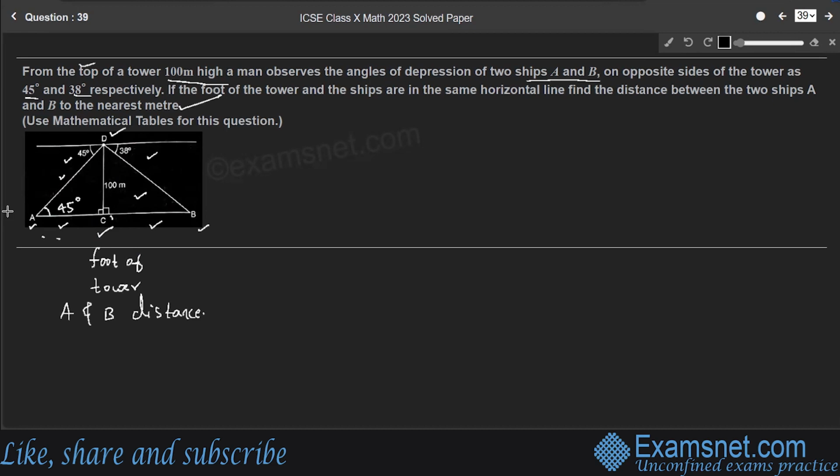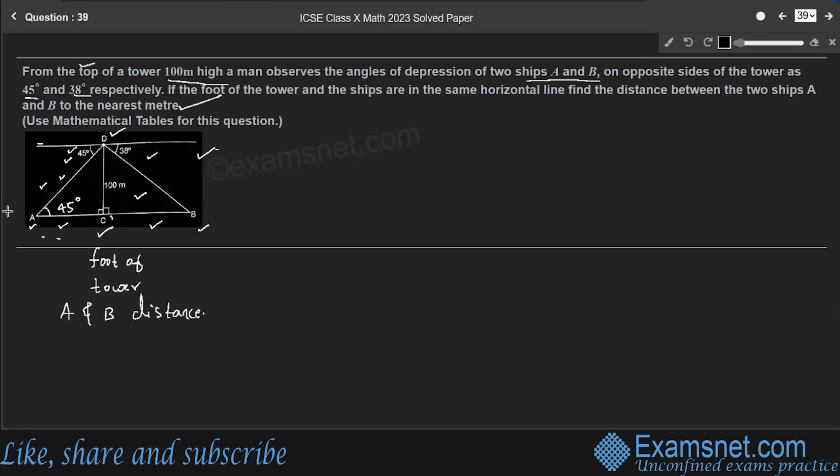Above this tower and this horizontal line AB, these two lines are parallel and AD is the transversal here. Therefore, angle D, this 45° angle of depression, is equal to angle A. The reason is alternate angles.